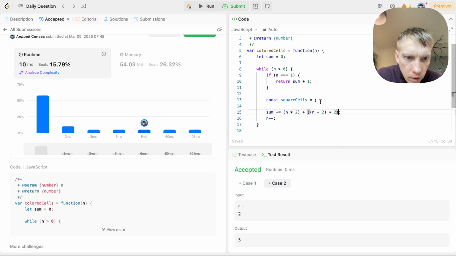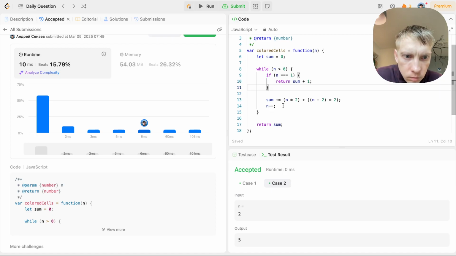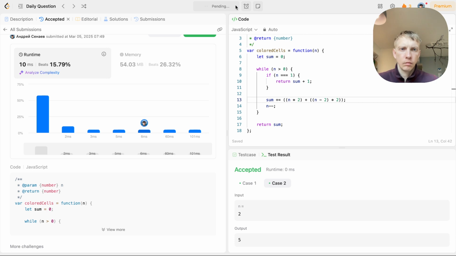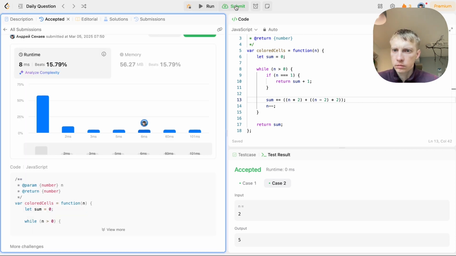Remove extra variable. Maybe like this. Nope.